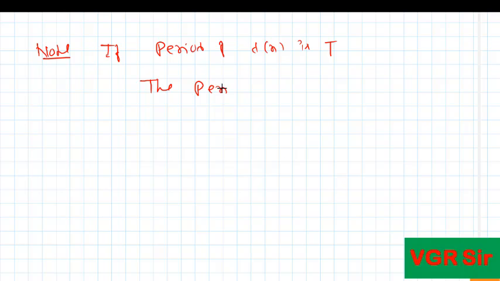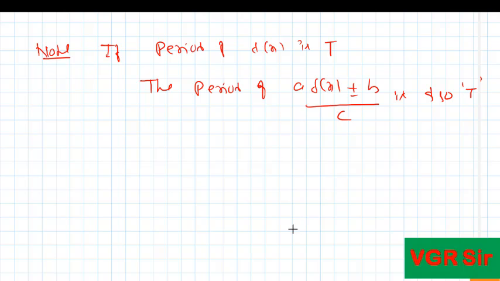Students, now I want to conclude. Note: if the period of f of x is t, then the period of a into f of x plus or minus some b by c is also t only.